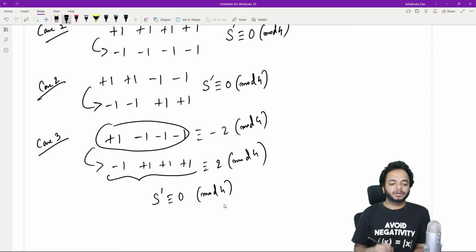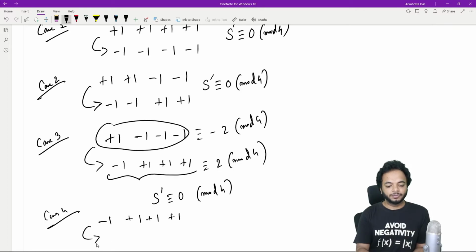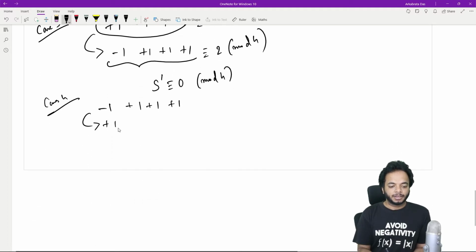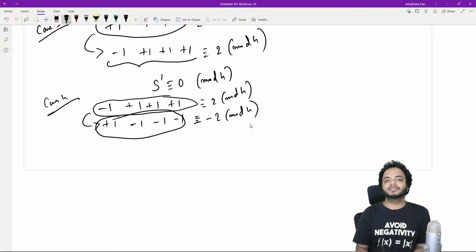What could be the fourth case? Just one negative sign and all the other plus signs. Even in that case, -1, +1, +1, +1 changes to +1, -1, -1, -1. This part is congruent to 2 modulo 4, and after the change it is congruent to -2 modulo 4.